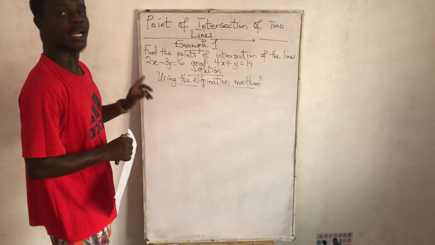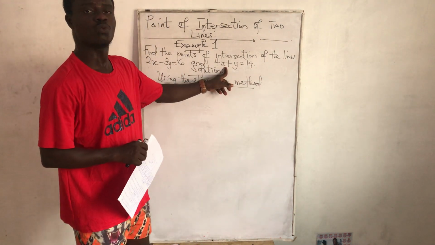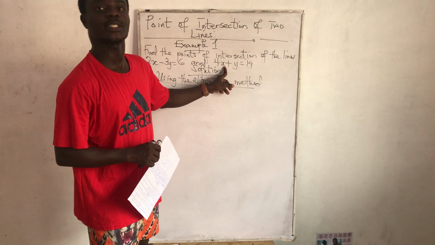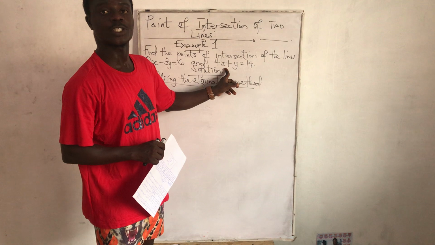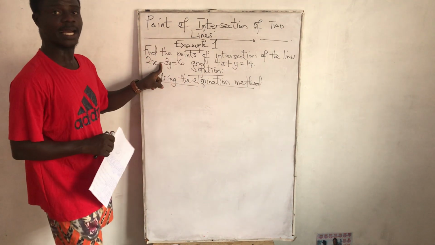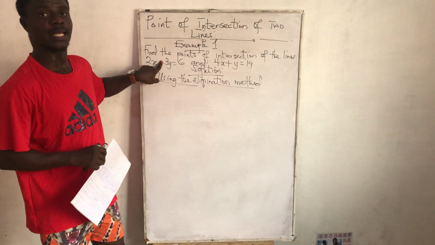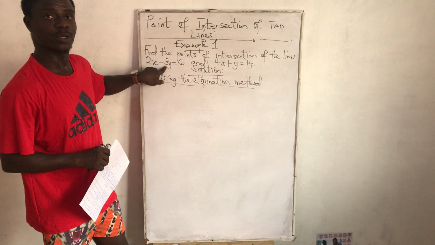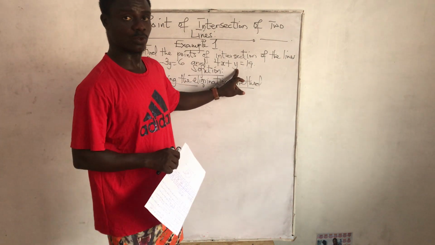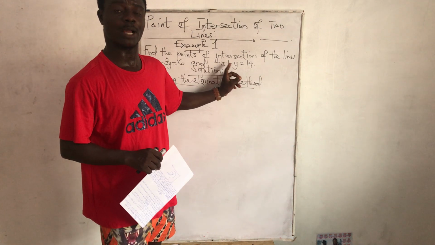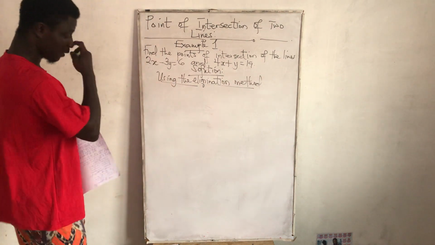We can choose to multiply equation 2 by 3. Forget about the sign for now and concentrate on the value, the coefficient, which is 3 here and 1 here. So we can choose to multiply equation 2 by 3.